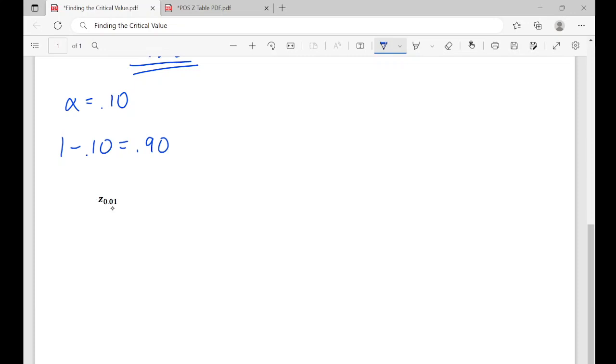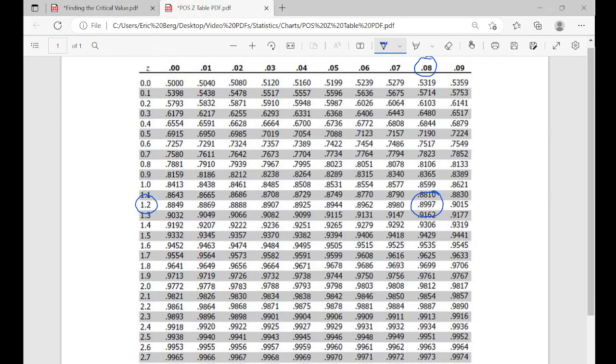So let's find the critical value of 0.01. So again, alpha is 0.01. We're going to do 1 minus 0.01 to get 0.99. So let's look into our z-score table for the closest to 0.99. And 0.99 is closest to right here, 0.9901.